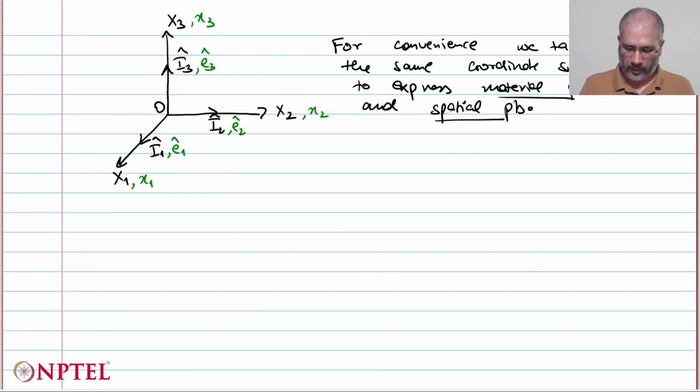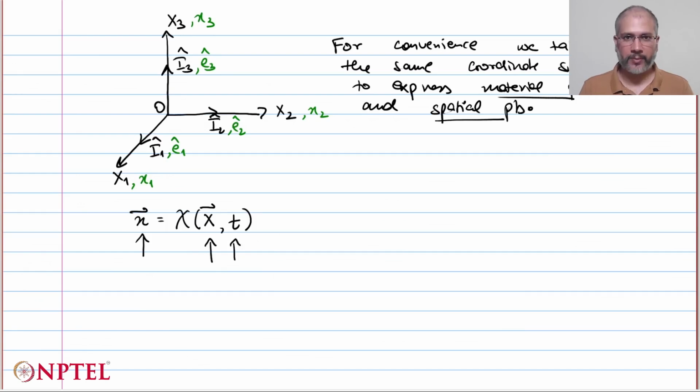So going back to the chi function, which helps us find out the spatial coordinates, that is small x, given the material coordinates, that is capital X, which is basically a label for the points in the body, and at a given time.